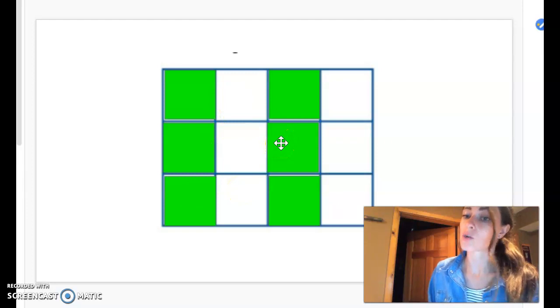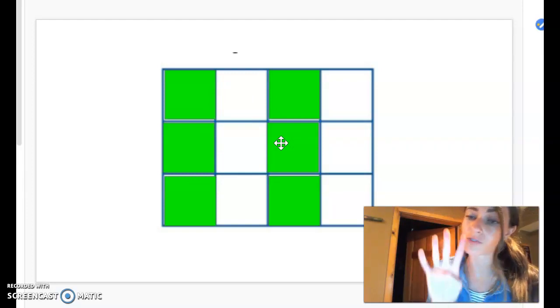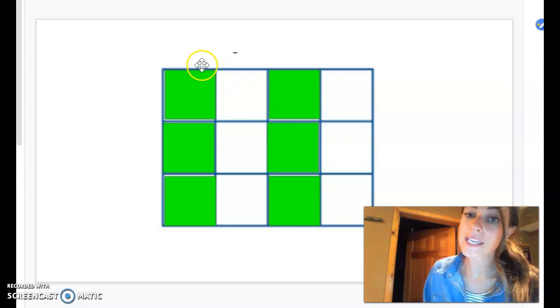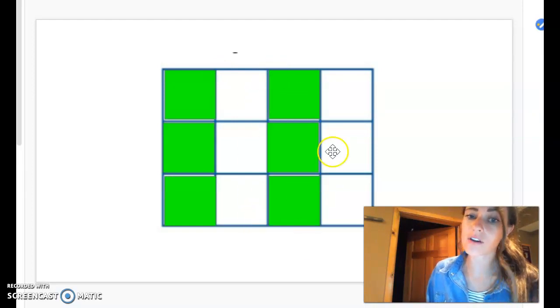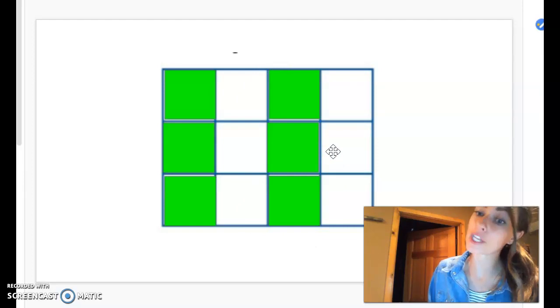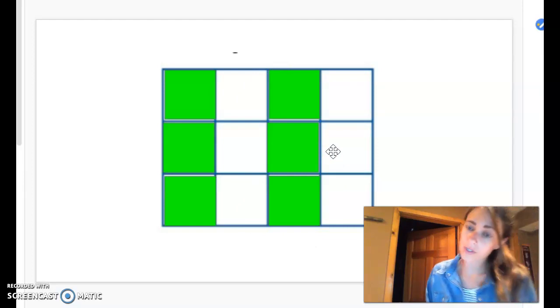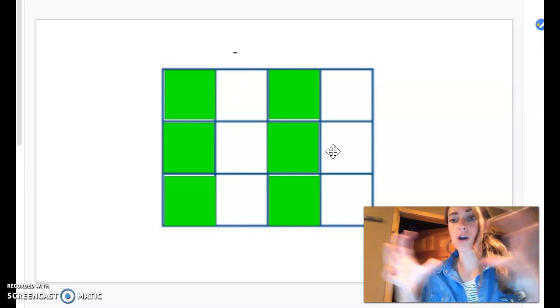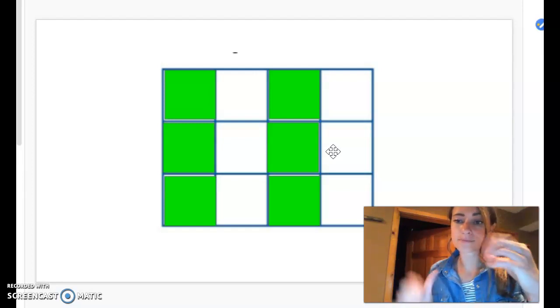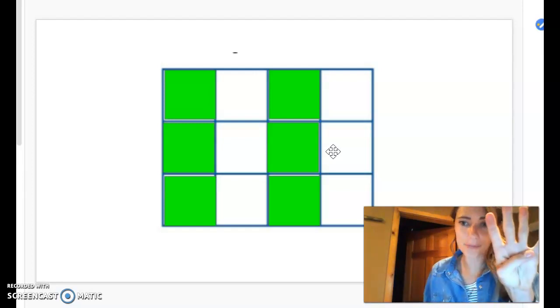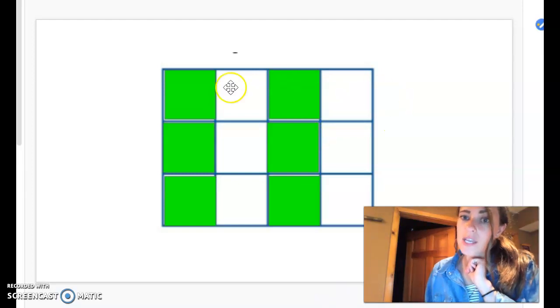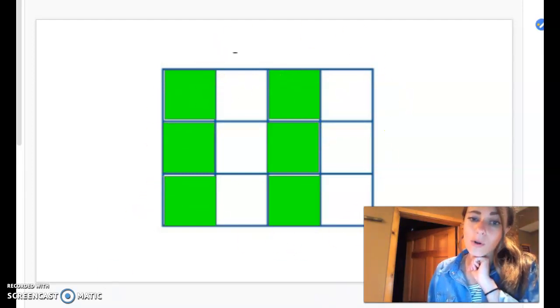Say that with me. When a shape is partitioned into 4 equal parts, each of these parts is called a fourth. So how many fourths are in a whole? How many fourths are in one whole? 4. Okay, so 4 of these parts equals 1 whole.